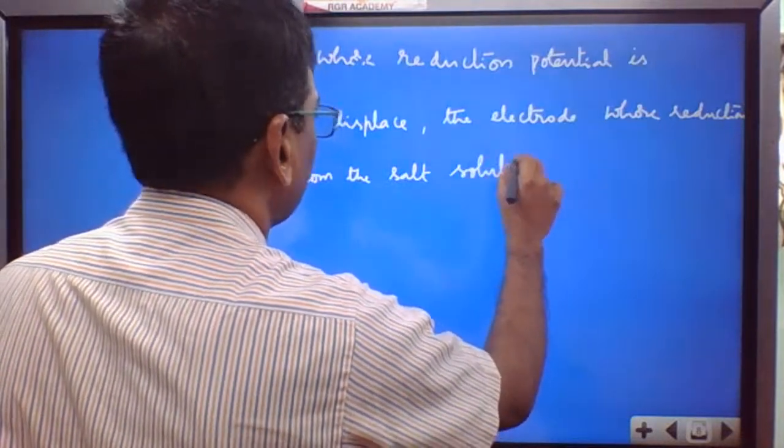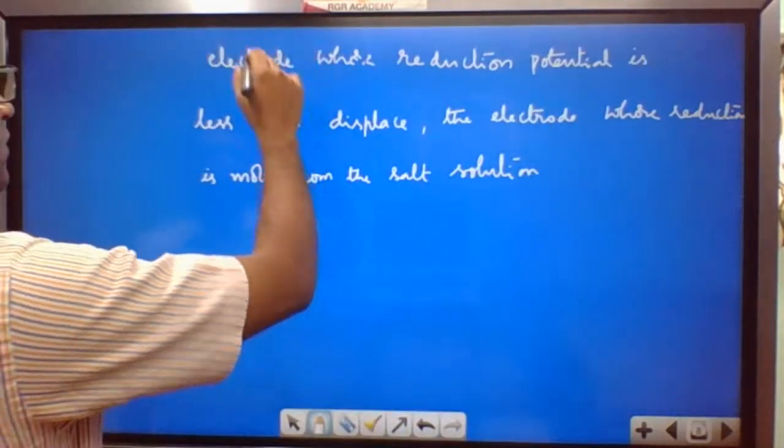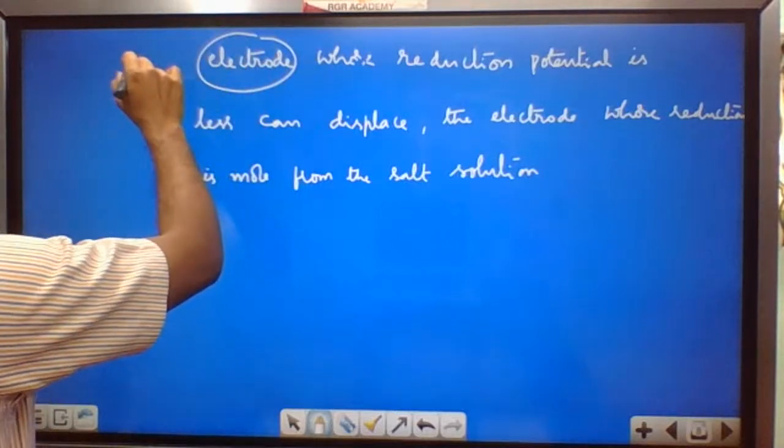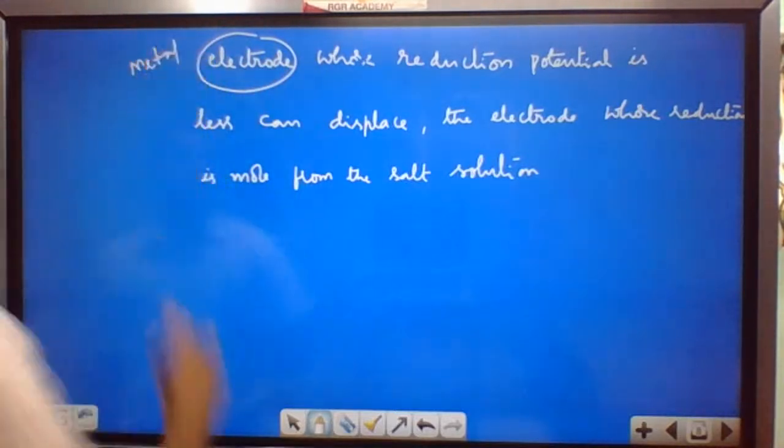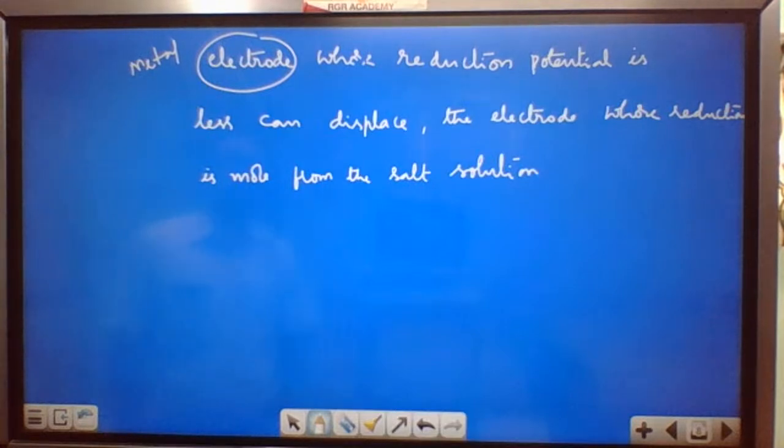Or I can tell it in a simple way: instead of electrode we can write metal also. A metal whose reduction potential is less can displace the metal whose reduction potential is more.